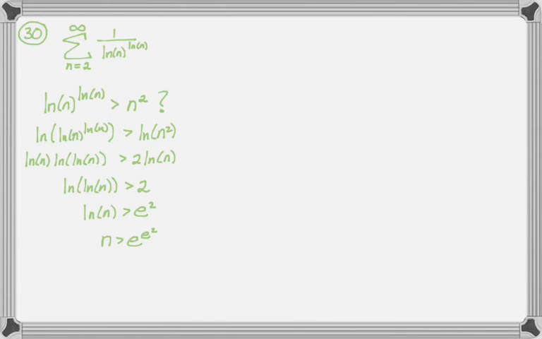So now what I'm going to do is go back and actually do the problem. I'm going to say that for n greater than e to the e squared, the natural log of n to the natural log of n is greater than n squared. And now I can take reciprocals, and it's going to swap the relationship, which is exactly what I wanted. So at this point, we know that this thing converges.